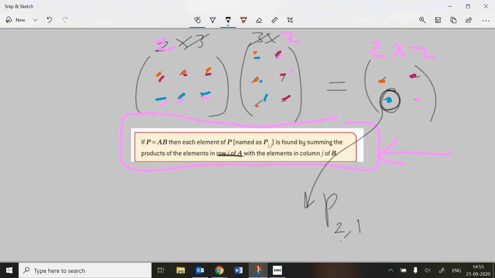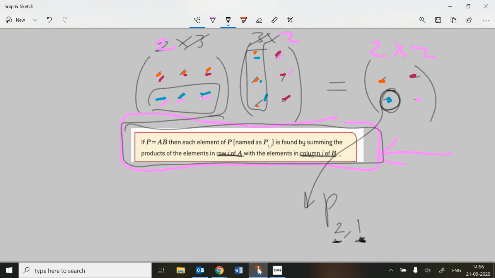So row i would be the second row from the first matrix, from A. So that's what we did. And then with the elements of column j of B. So we want the second row of A and the first column of B. So that's what we're timesing together, and that's what we're summing. So this is really kind of difficult to unpack, but to be honest, if you know how to do matrix multiplication, you don't really need to unpack that too much, okay?